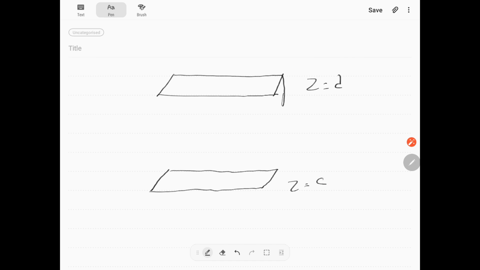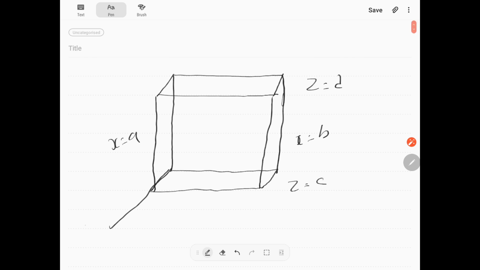Now let us take another set of constant limits, say for example, x is equal to a and x is equal to b. x is equal to a is a plane parallel to the yz plane. So this is the plane x is equal to a, and this is the plane x is equal to b. These are the two planes. So this is the y-axis, this is x-axis, and this is z-axis.